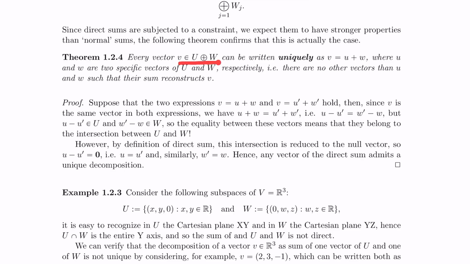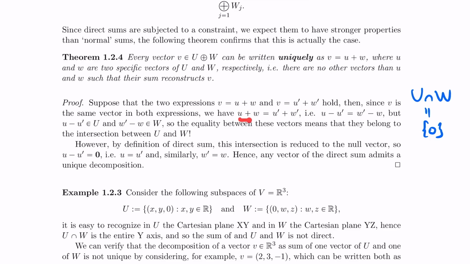We are supposing that the sum of U and W is direct, and so their intersection is reduced to just the null vector. Let me write it like this. Okay, imagine that we have two expressions for the decomposition of V as sum of a vector belonging to U and a vector belonging to W. Then, since we have V in both expressions, this means that this vector here and this vector here agree.